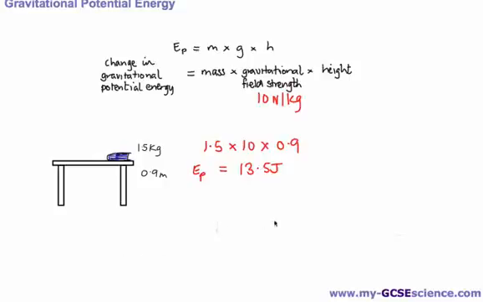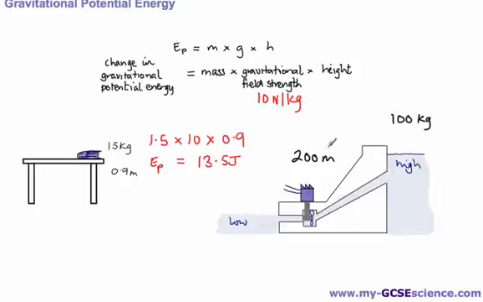And one last example, we've got a hydroelectric power station here. So we've got water going through and turning some turbines, but imagine you wanted to calculate the amount of gravitational potential energy in 100 kg of water that's at the top of the reservoir here. So it's a simple case of just plugging the numbers into the formula.